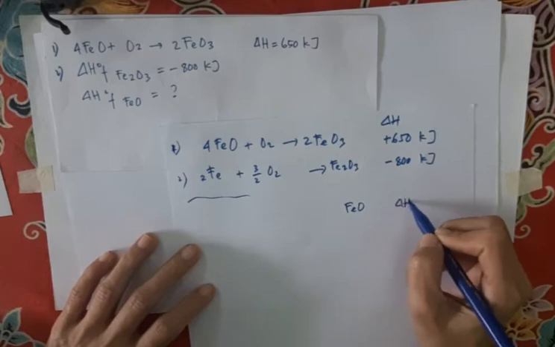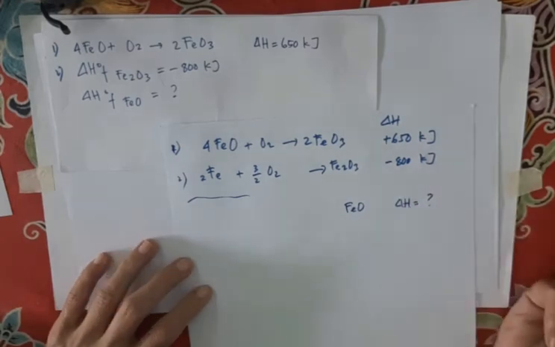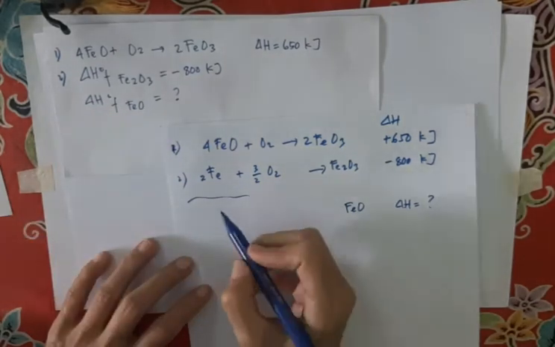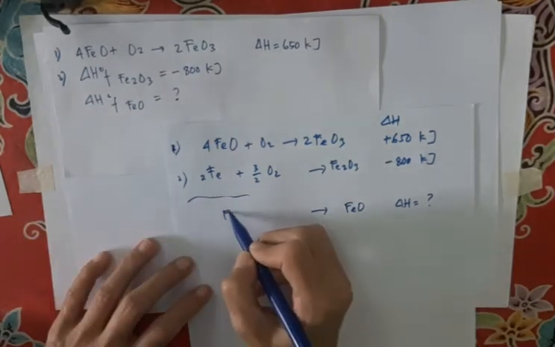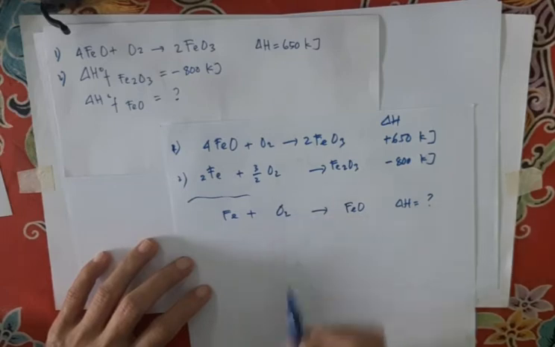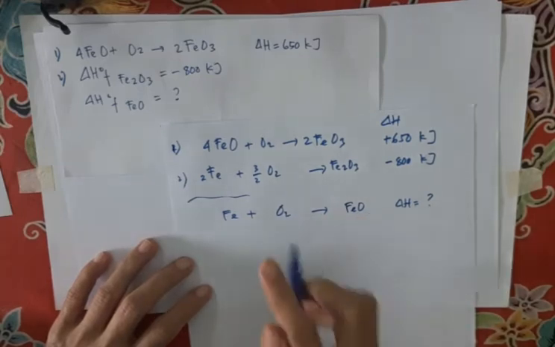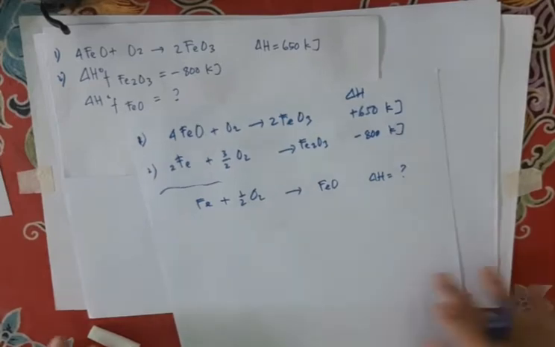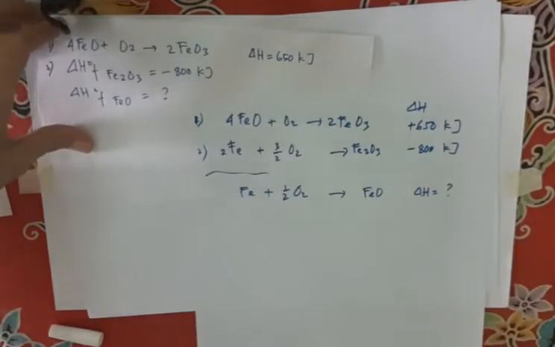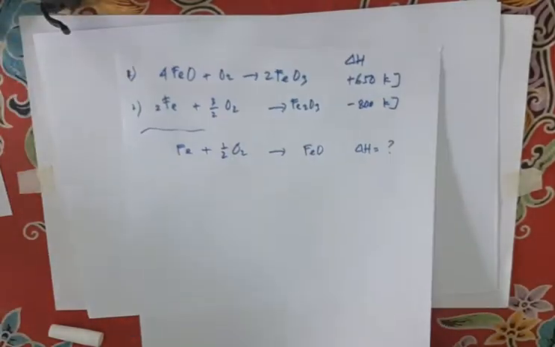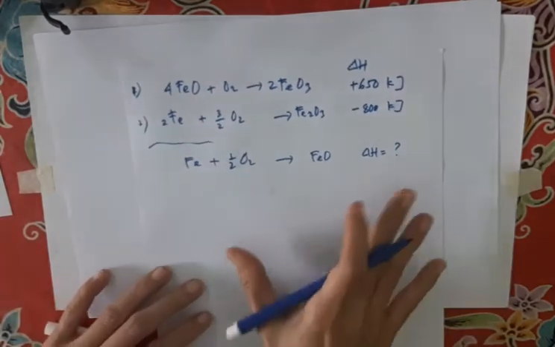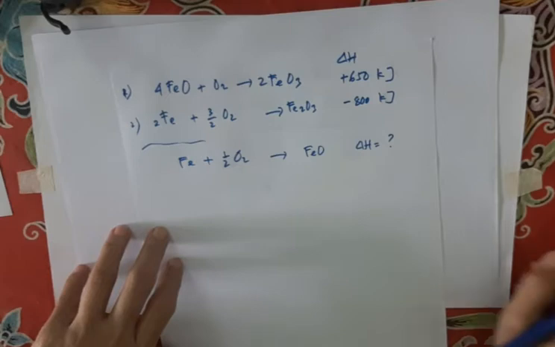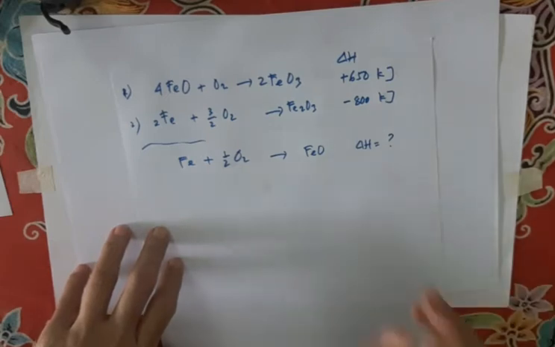FeO with the unknown delta H, and the equation is Fe (iron) plus O2, so put coefficient a half, right? Now we can do this problem using Hess's law.